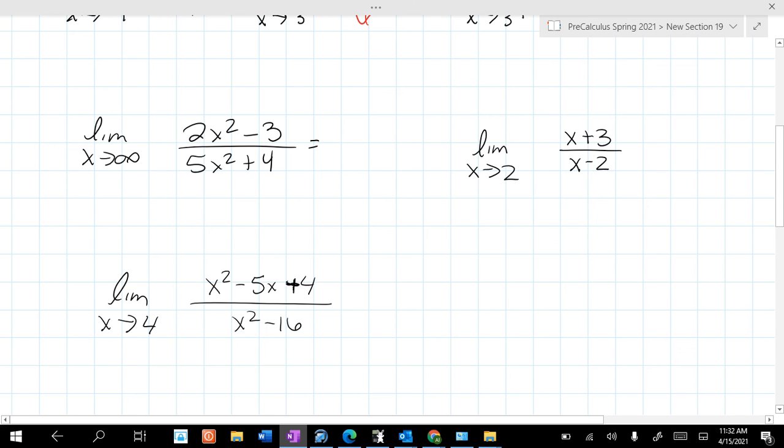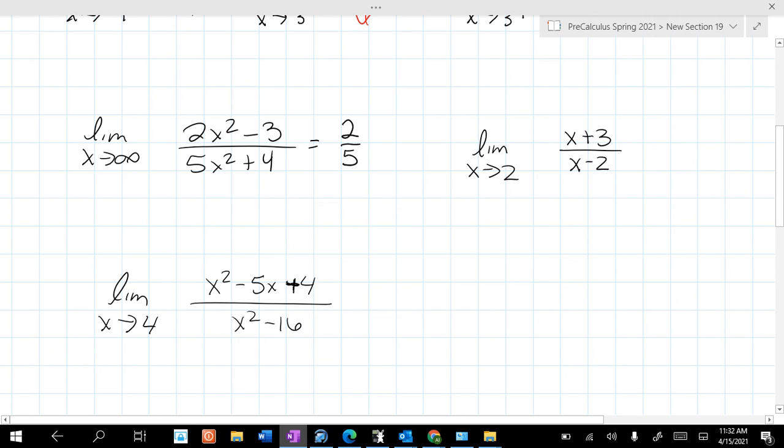When we have x squared and x squared, they're the same, right? We can put x squared on the bottom of everything, but what does it end up to be? The coefficients of the highest power, which is just 2/5. It's just the answer, if the powers are the same.